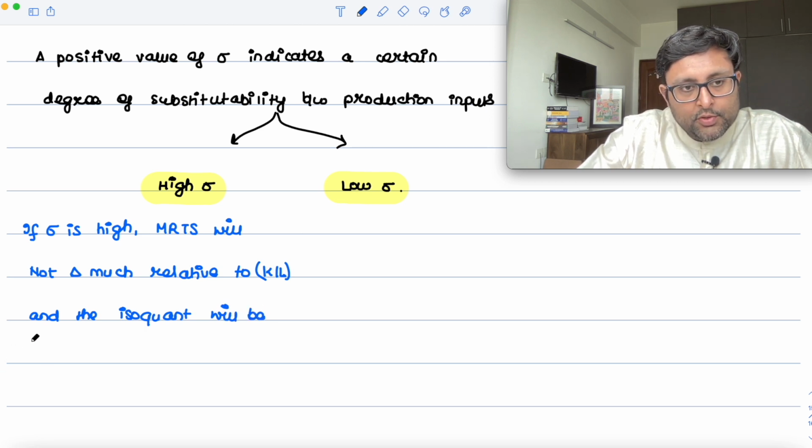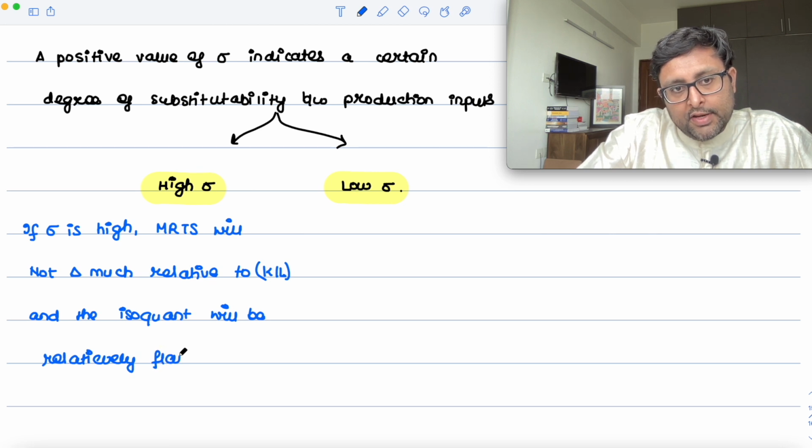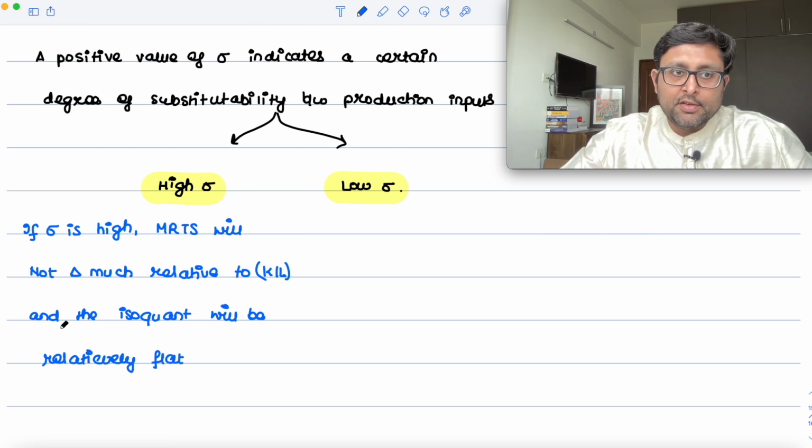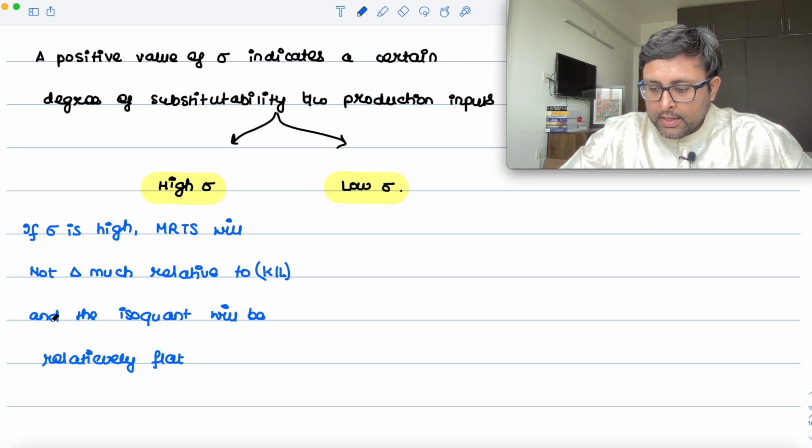And the isoquant will be relatively flat.